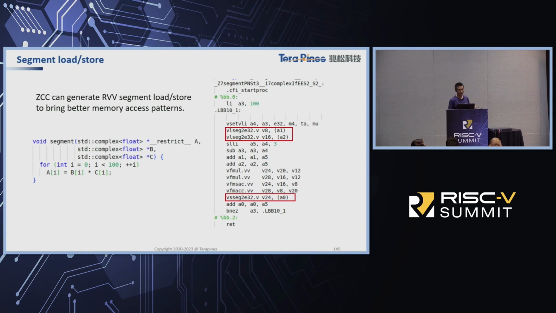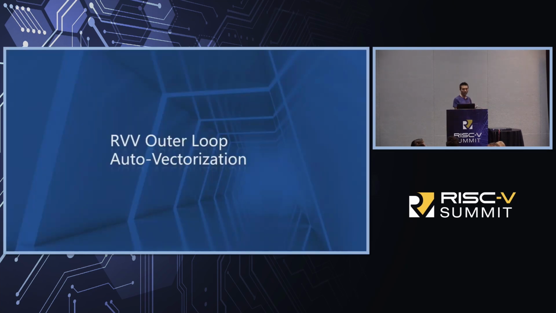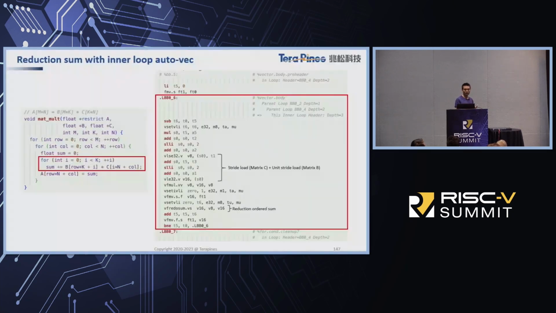Those are examples for inner loop auto-vectorization, but there are some drawbacks. Let me show you an example. Here is an example of inner loop auto-vectorization.